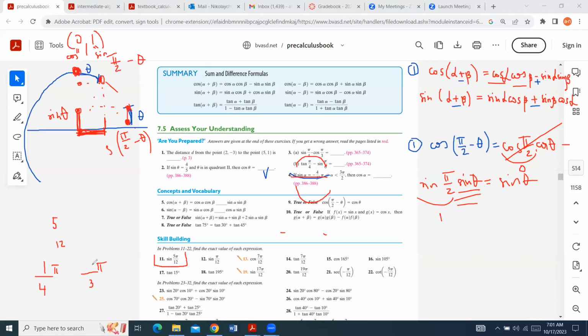So if you just add pi over 4 and pi over 3, so you just put 1 and add, then in order to get the same denominator 12, you should have 12s for both. So notice if I add them like that, I get a 3 and 4, it's going to be 7.